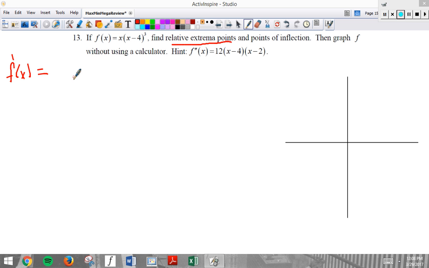And if you're like, well, the product rule is harder, that's a problem, and you need to fix that. So first, times the derivative of the second, 3x minus 4 squared times the derivative of the first, 1, plus the second times the derivative of the first. We're going to try to factor it.